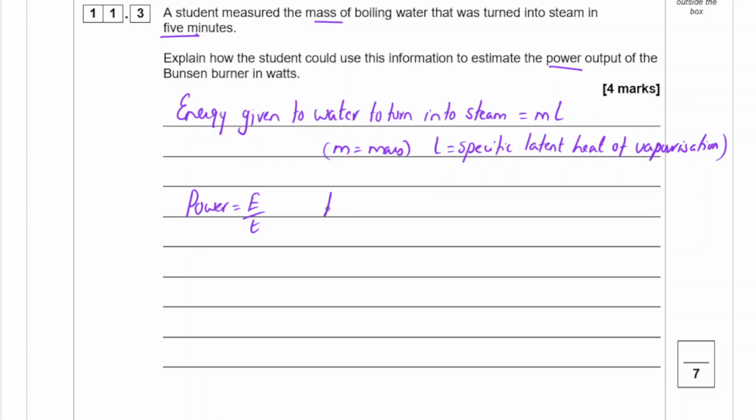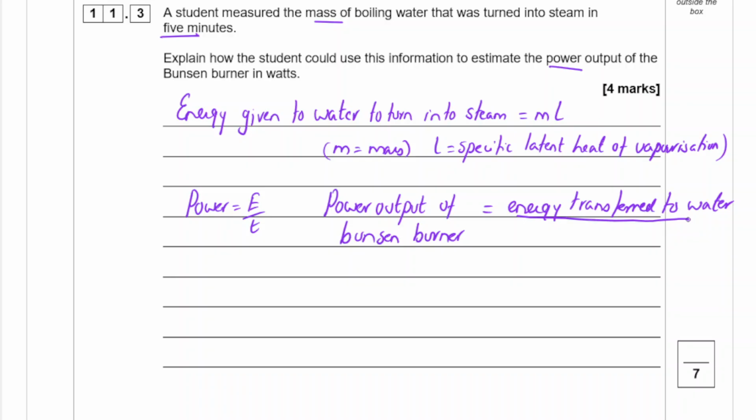So power output of Bunsen burner equals energy transferred to the water divided by the time.